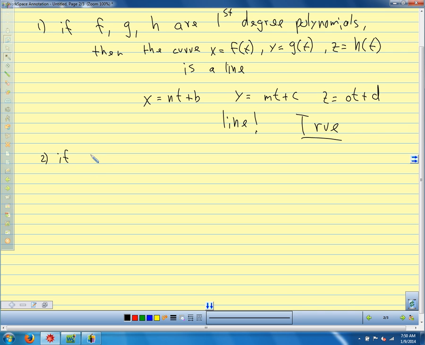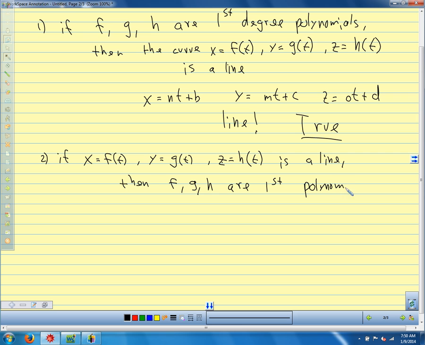If x equals f of t, y equals g of t, z equals h of t is a line, then f, g, h are first degree polynomials. All right, so we got falses really quickly. What would be a counterexample here?